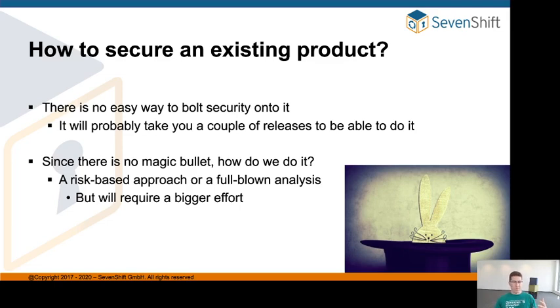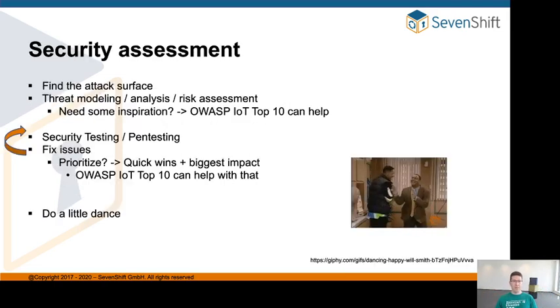One option is to go ahead and do a risk-based approach and do your full analysis. This will take a little bit of time, right? You would do a complete security assessment where you define your attack surface, do your threat modeling, maybe do your pen testing, and then you have to fix issues, right?